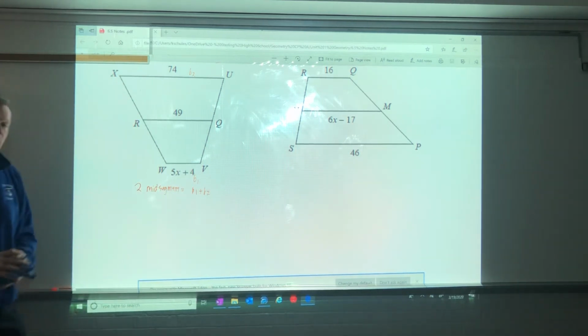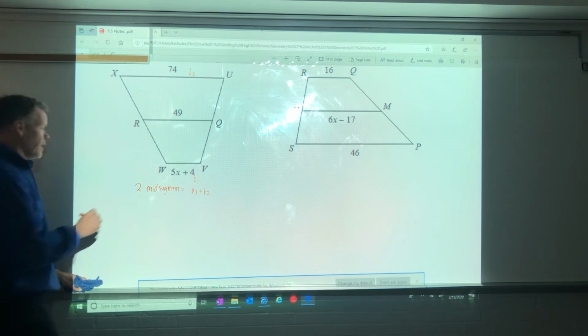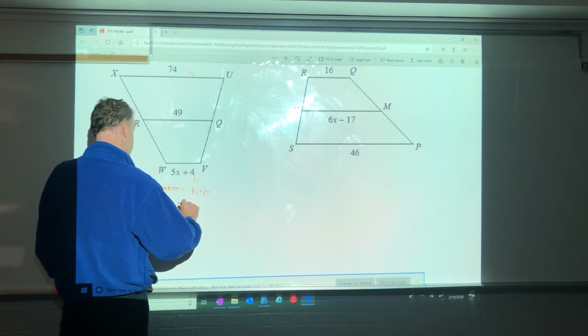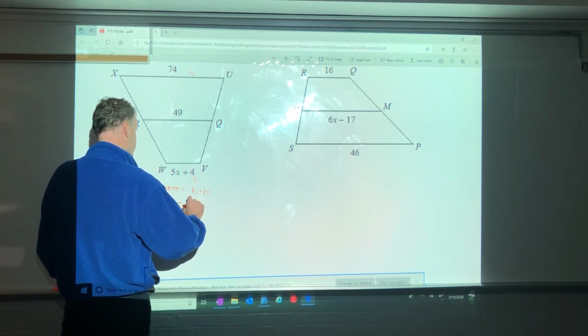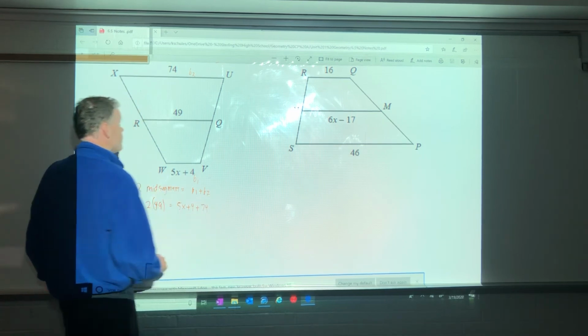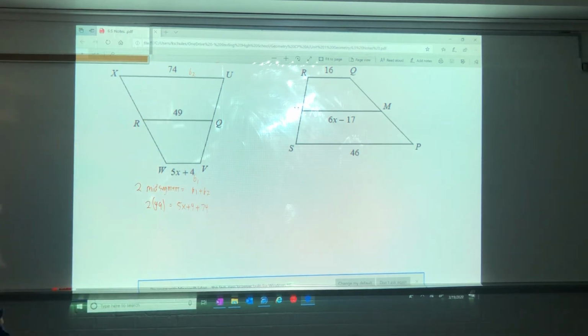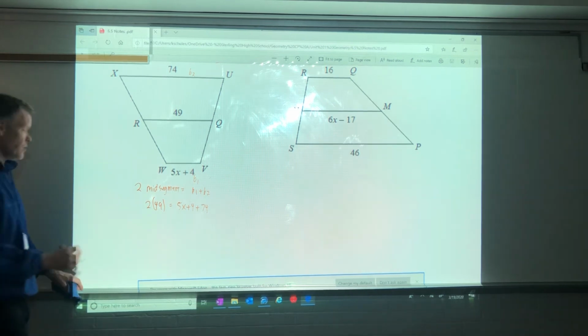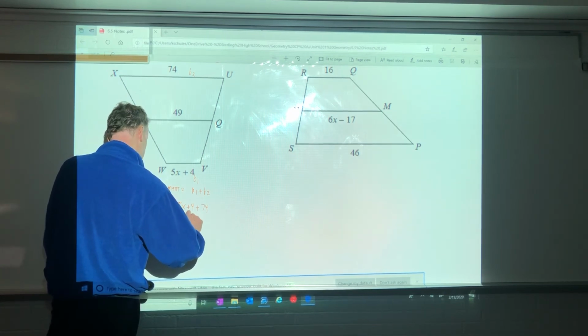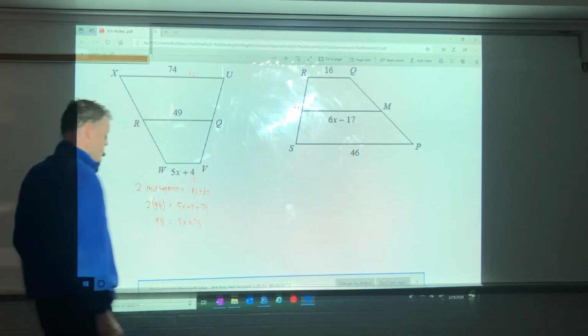If you want, at this point, get right into writing 2 times 49 is going to equal 5x plus 4 plus 74. You can do that. And then we just do the math here. We solve the equation. 2 times 49 gives you 98 equals 5x plus 78.